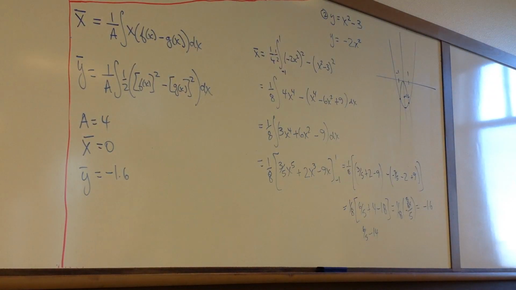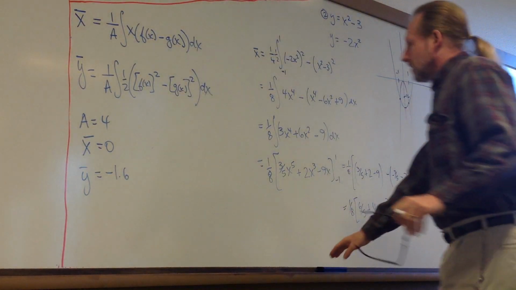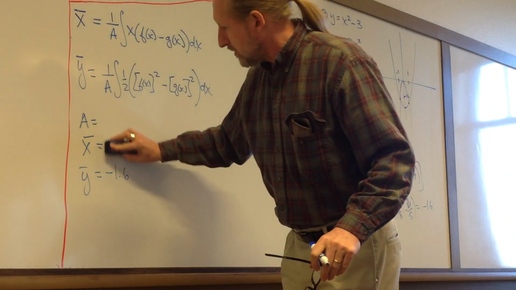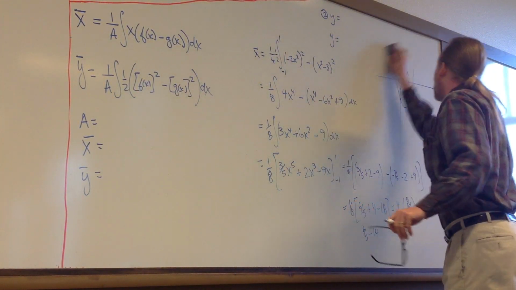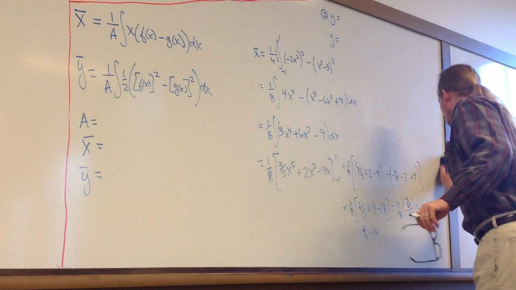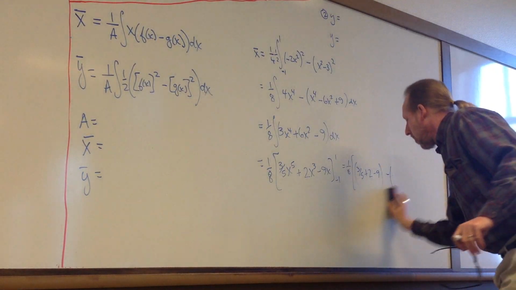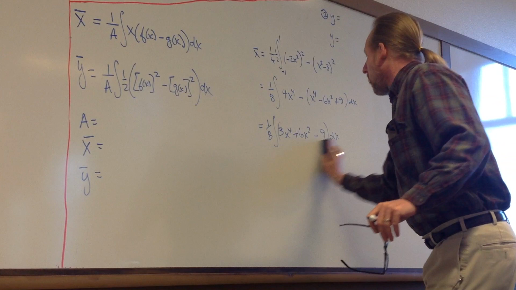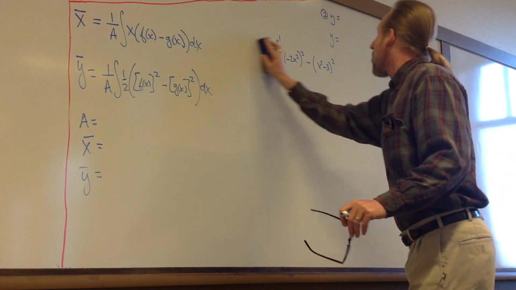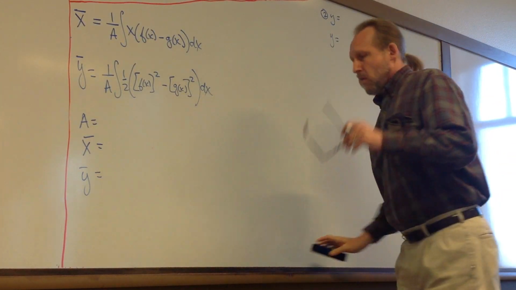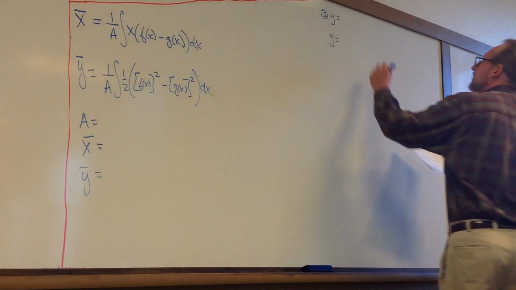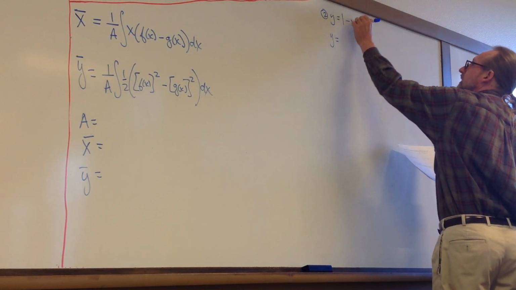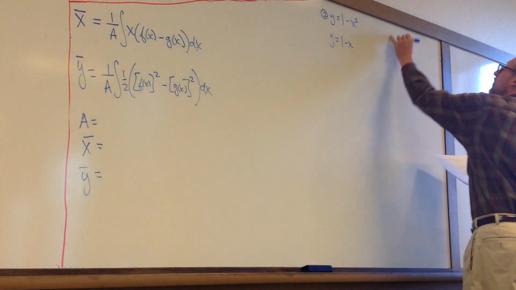Let's take a look at problem 4. Let's erase those. All right, so problem 4, we've got 1 minus x squared and 1 minus x.